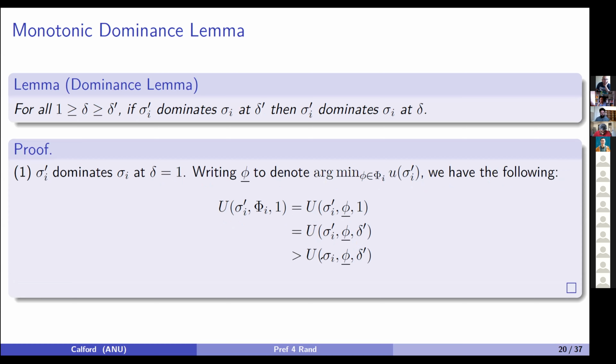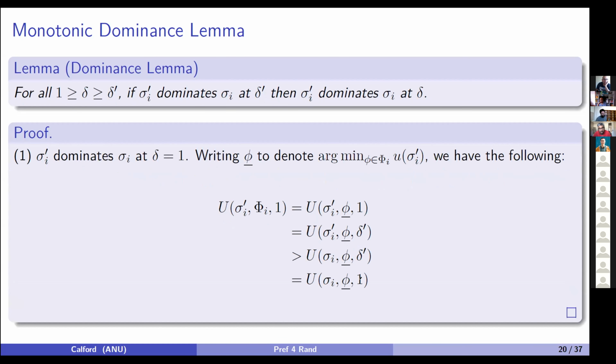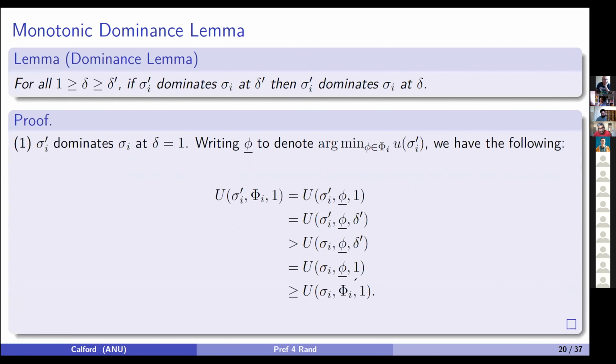This is bigger than my utility from playing sigma from the assumption that it's dominated. We can then go back to delta of 1 because again, utility when you have a singleton belief is constant in delta. And this must be bigger than or equal to my utility with respect to the initial belief set.